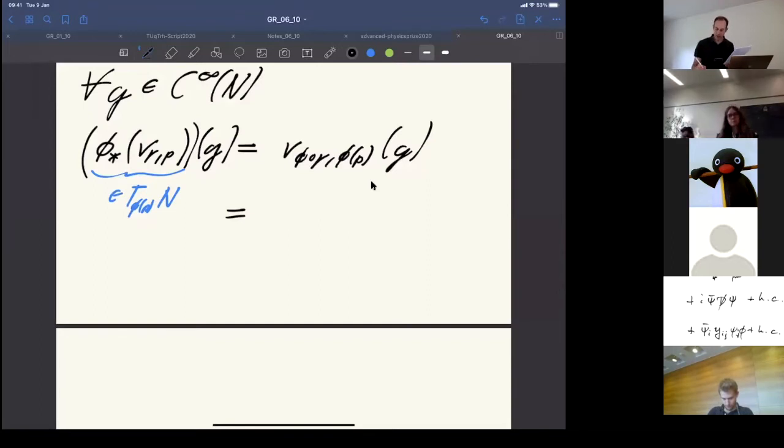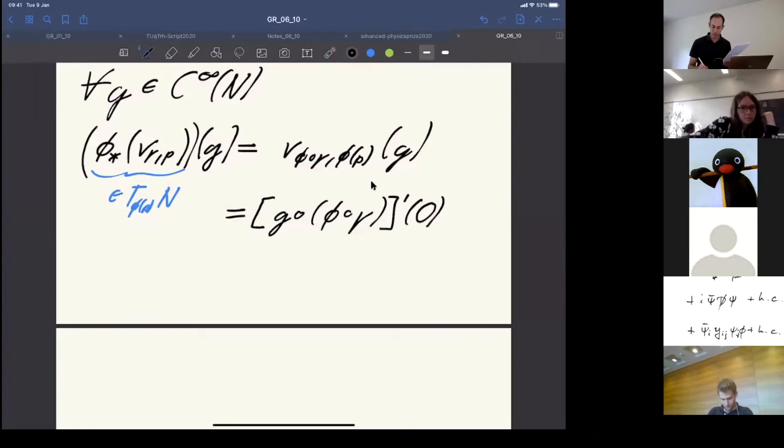The velocity vector is defined by evaluating the function at the positions where the curve goes through, taking the derivative, and evaluating the whole thing at the parameter value 0, which is where the curve passes the point of interest.